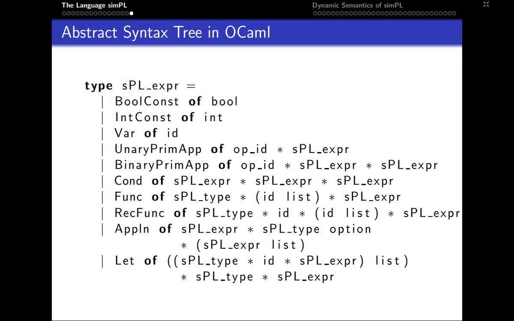So now, what are we going to do if we want to process a program? Execute, compile. We're going to traverse this tree, right? We'll start at the top. We're going to have a big switch case or a match in OCaml, right? And say, if the node is of this type, do this. If the node is of this type, do this, right? Obviously, we have recursion inside the data structure.